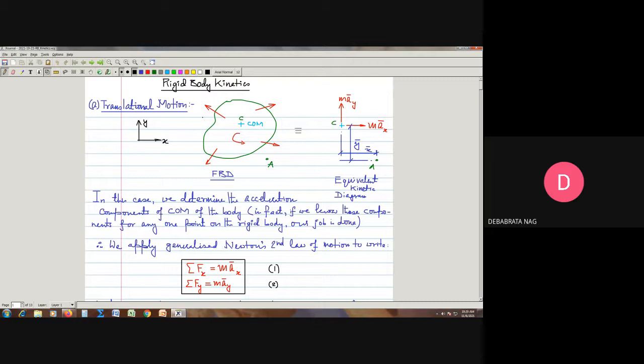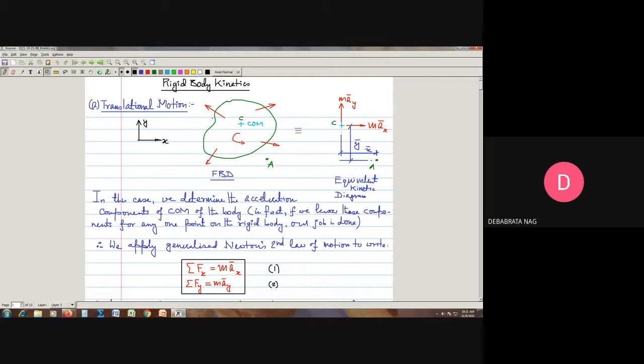And we know that all the points of the body will follow a parallel and congruent path for translational motion. That means each and every constituent particle of the body will move in a parallel path and their displacement over a specified time interval should be equal. That is what is termed as the rectilinear translational motion of a rigid body, which is the simplest type of motion.